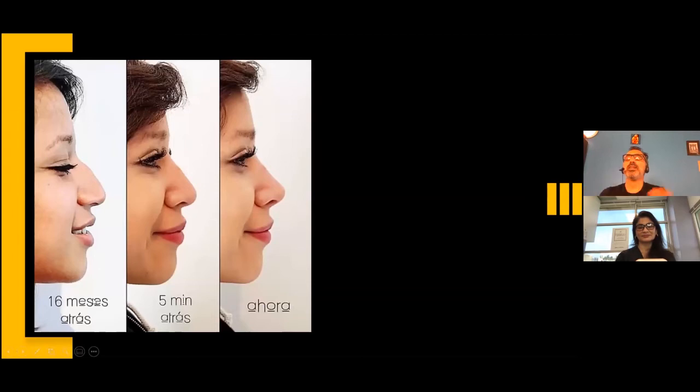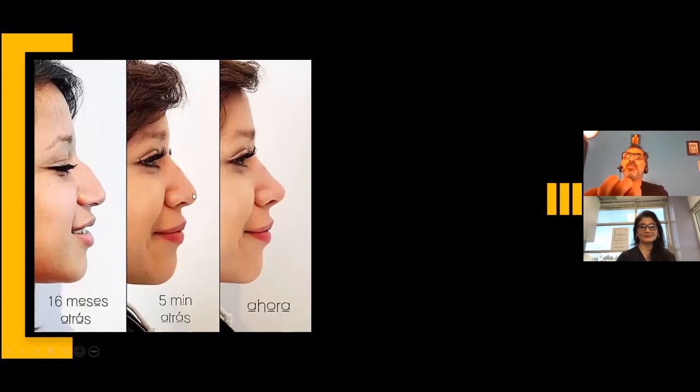One important thing is that the tip of the nose, point 3 in the Rhino 4 points, is almost the key to the aesthetics of the whole nose. It doesn't even matter if we have a hump, because between 12 and 18 months the product loses strength, so the tip of the nose starts to get down again.